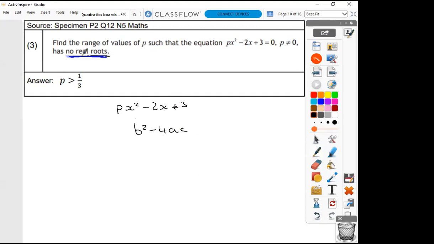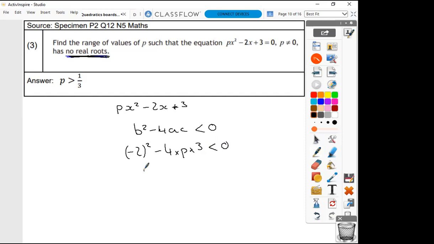The fact that it's got no real roots means that b squared minus 4ac has to be less than 0. Now we're substituting in the numbers. So b is negative 2 squared minus 4 times p times c, which is the number 3, and we have to be less than 0.